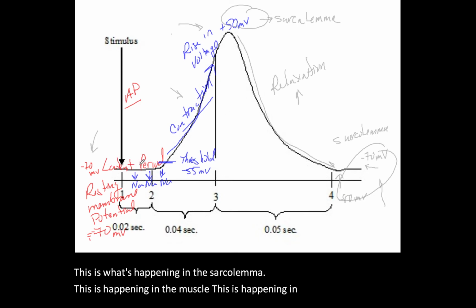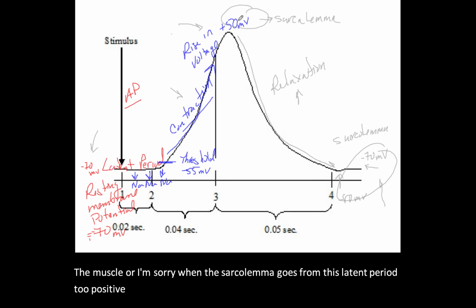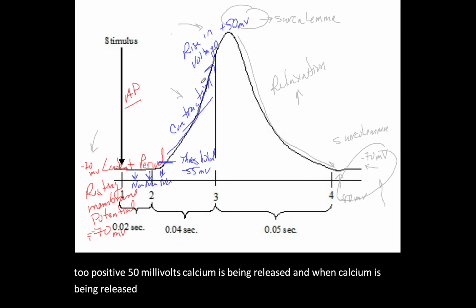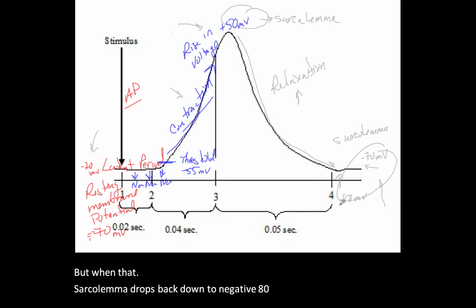Right? So when the sarcolemma goes from this latent period to positive 50 millivolts, calcium is being released. And when calcium is being released, contraction is happening. But when that sarcolemma drops back down to negative 80 millivolts, there is no contraction.